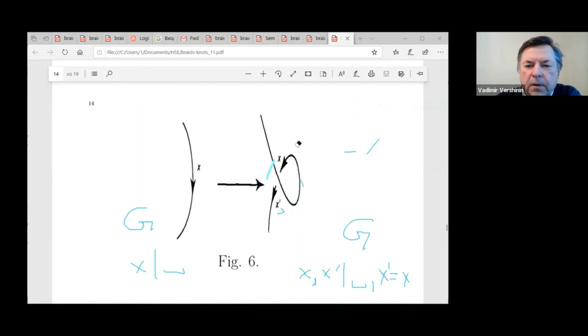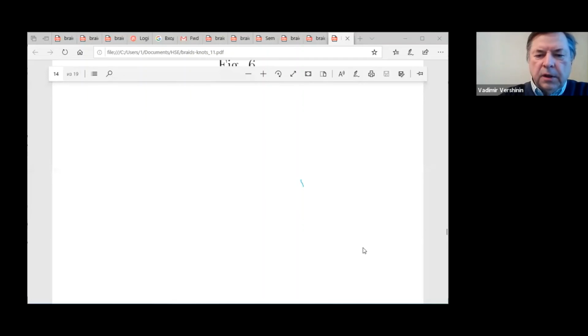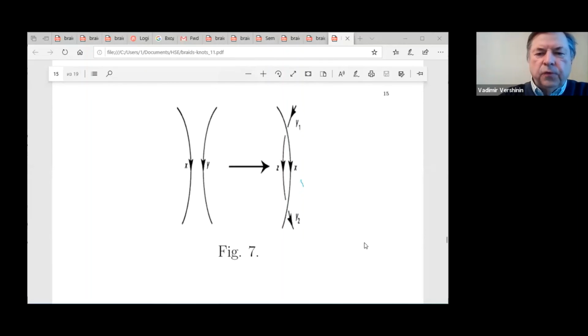So we have no time to write it down. I will only show it, and this will be the first exercise. The first exercise, we have this tradition now, is to write down the relations for this.